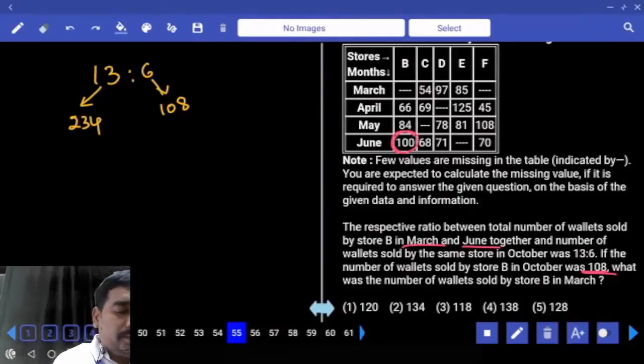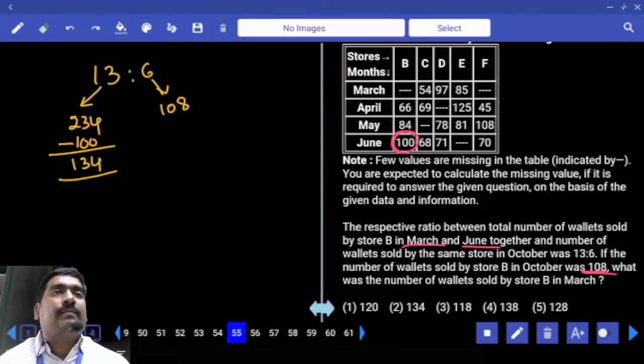Out of 234, 100 is in June, and the remaining 134 is in March.